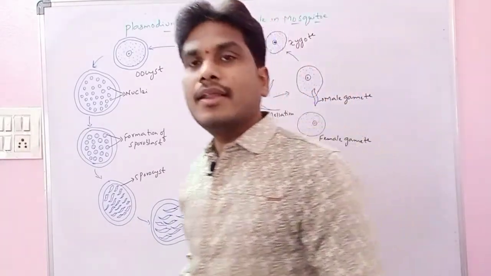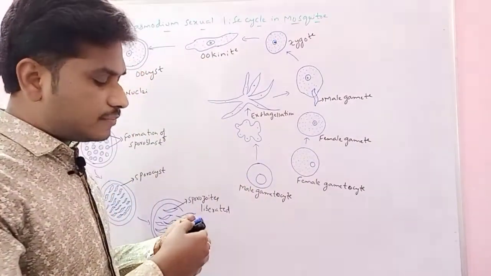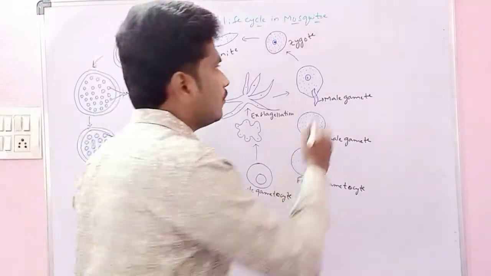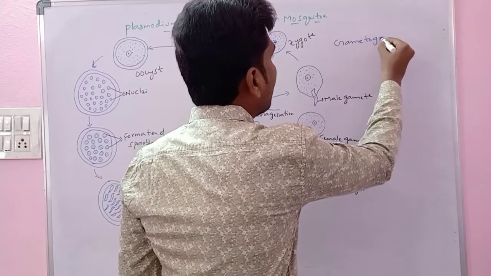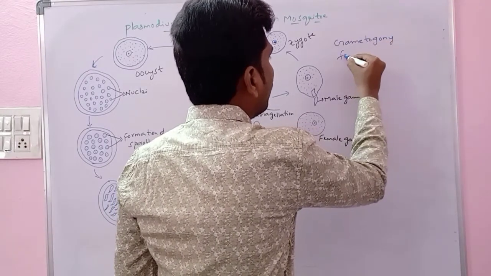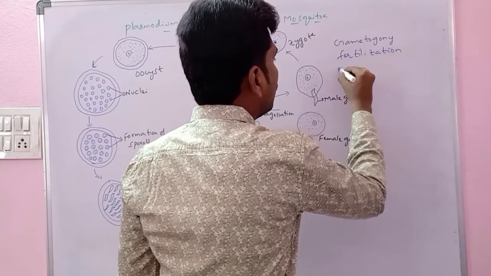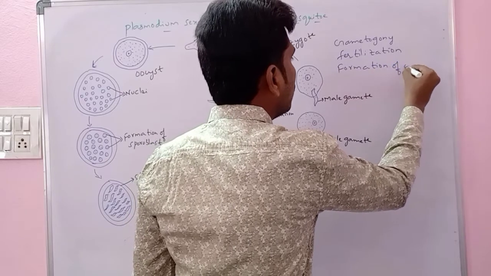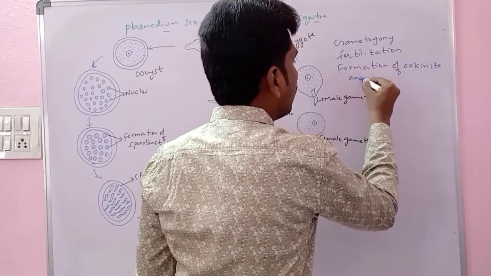And regarding the sexual life cycle, it mainly takes place in 4 steps. What do the 4 steps consist of? Gametogony, fertilization, formation of ookinete and oocyst.